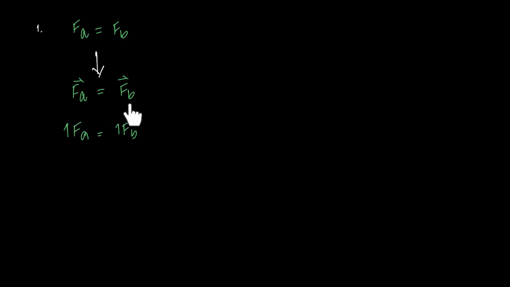In the horizontal direction, they are equal because for the forces to be balanced, the object is not moving. So if we look at any particular component, looking at the horizontal component, the object is not moving towards the left or moving towards the right. So that means all of the horizontal forces are equal to 0. Makes sense. Same with the vertical. All the vertical forces are equal to 0.